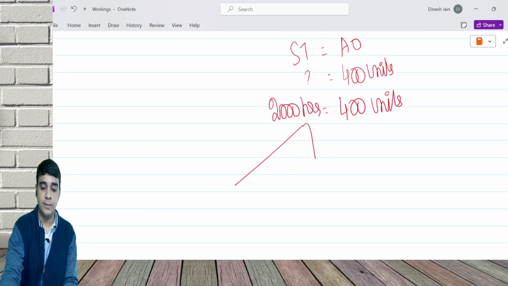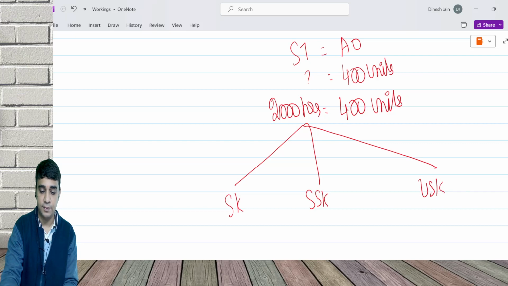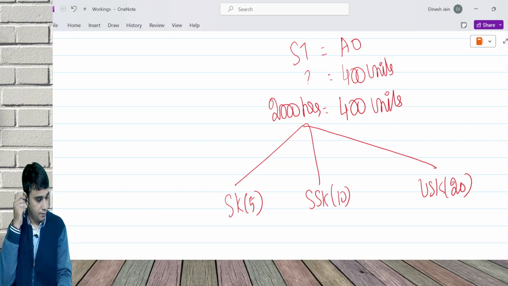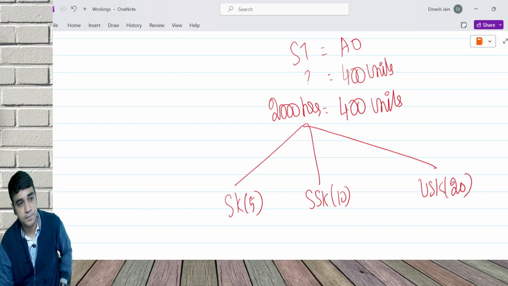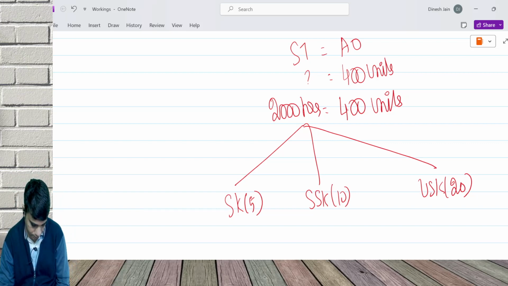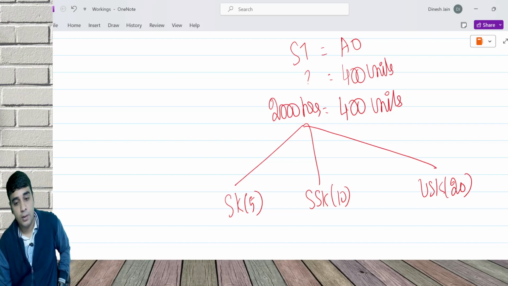Split 2000 into 3: skilled, semi-skilled, unskilled, in the ratio 5, 10, 20. Split 2000 in this ratio.